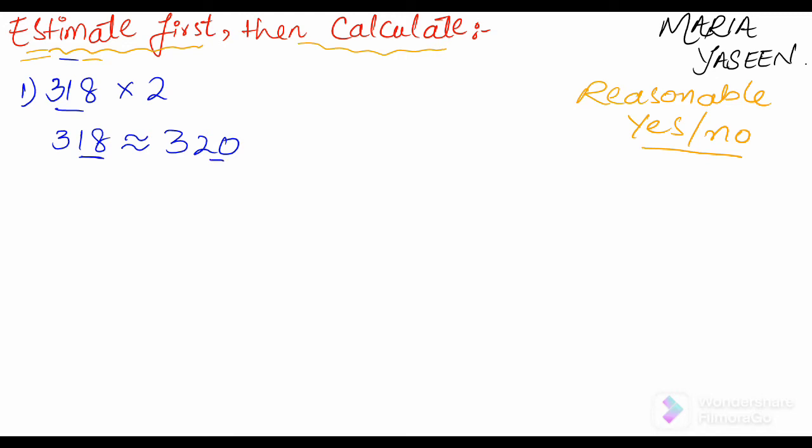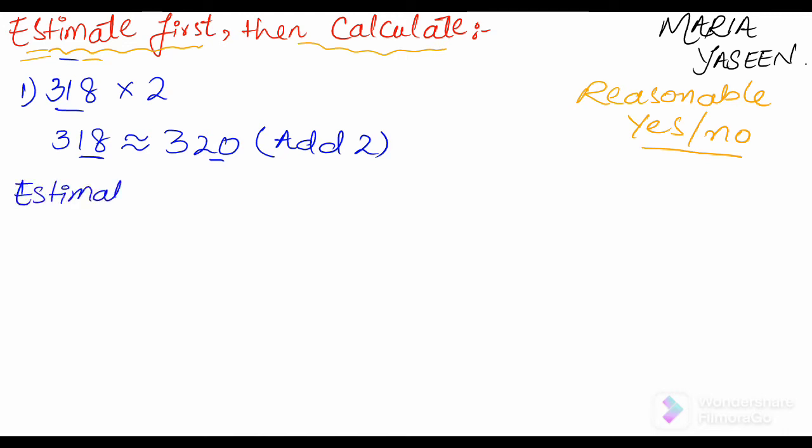So this 318 is approximately equal to 320. Remember that we added two to get 320 here. So let's start with our estimated answer.